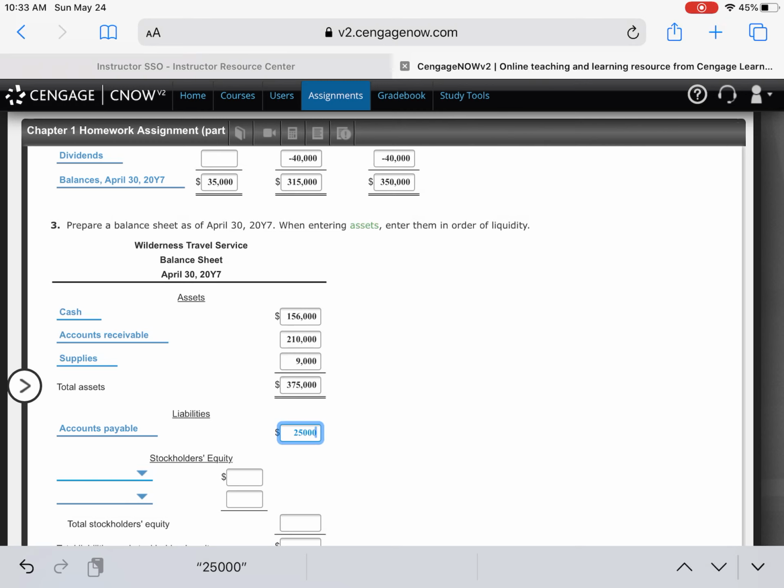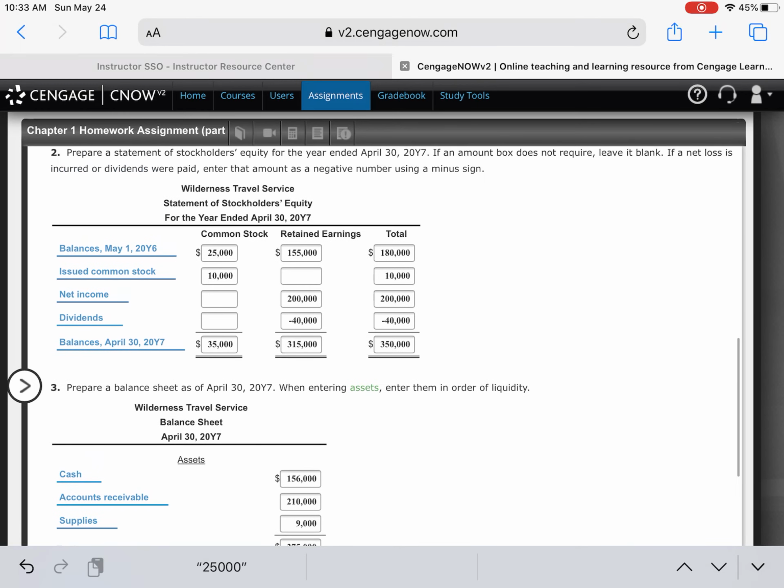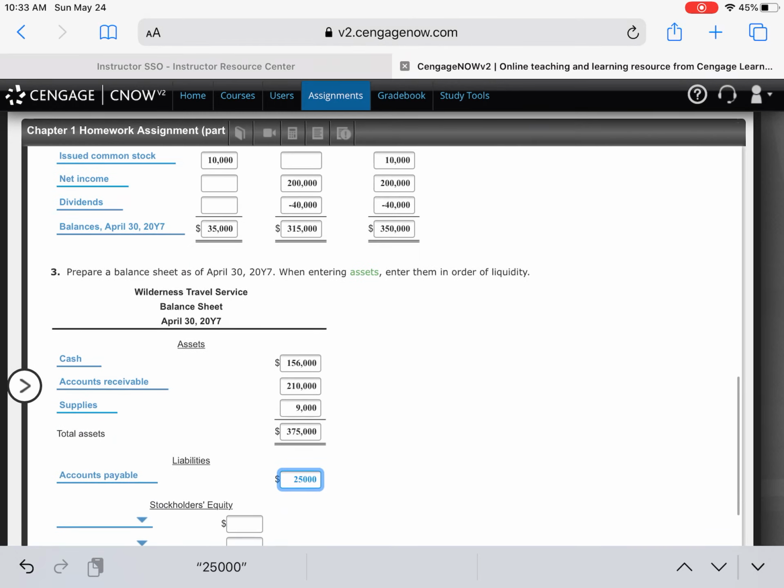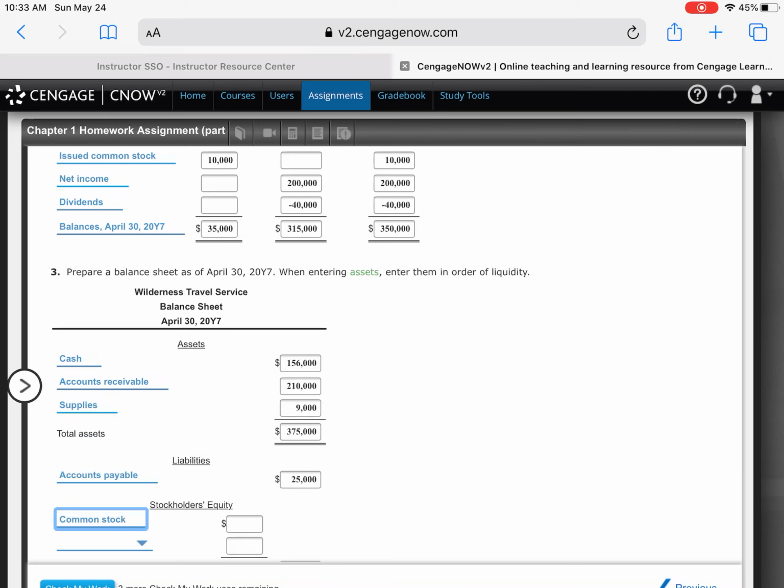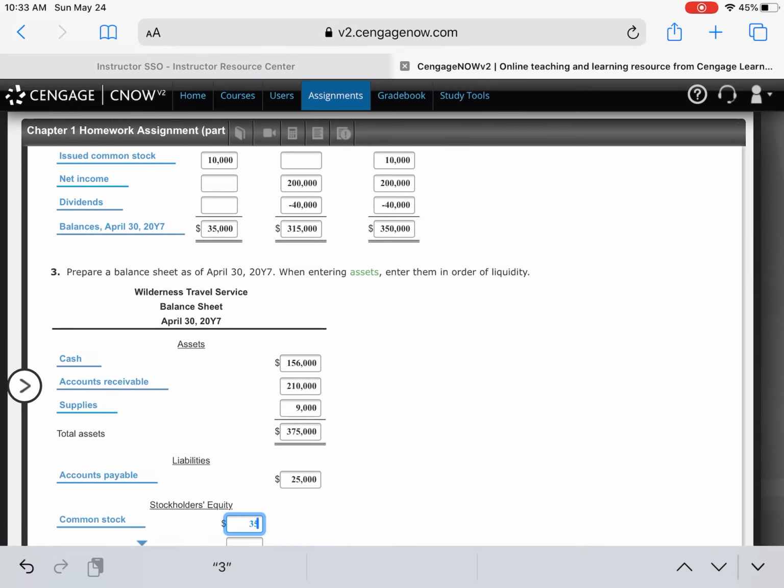The final section is stockholders' equity. And if we want to know our stockholders' equity, we go to our statement of stockholders' equity. And remember, our balance sheet is as of April 30th. So we want our values for our two components of stockholders' equity, which is common stock and retained earnings, as of April 30th. So common stock, we said at the end of the year was at $35,000.